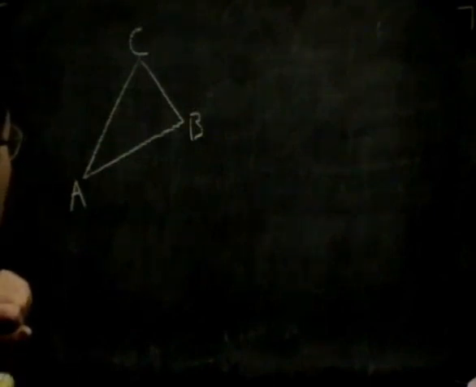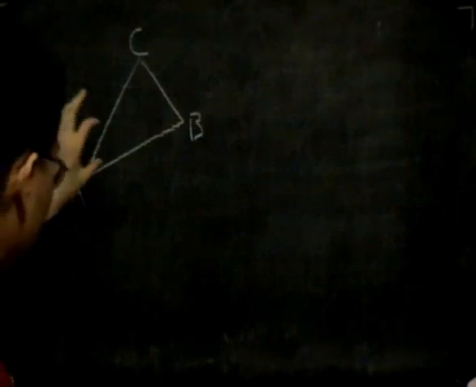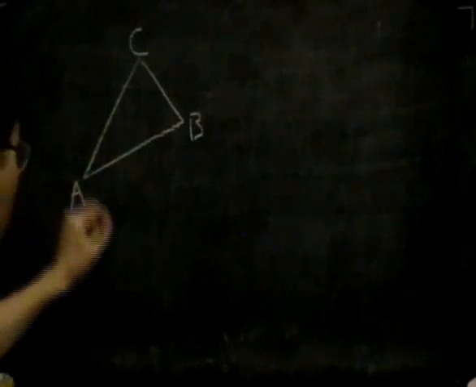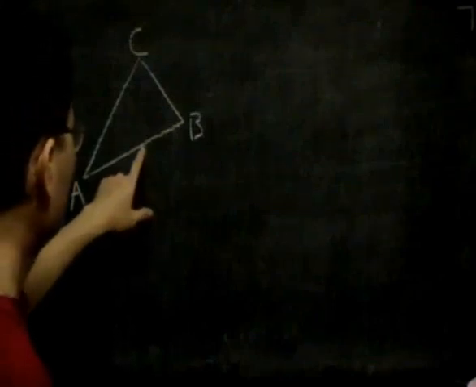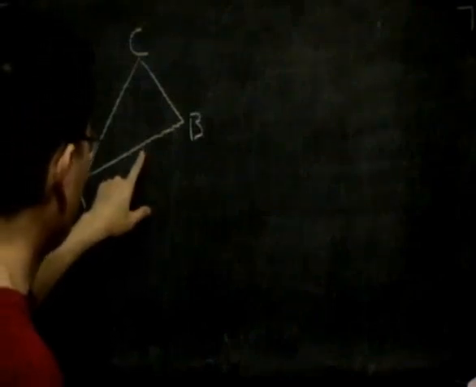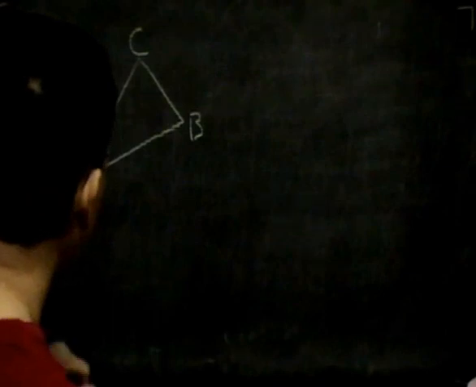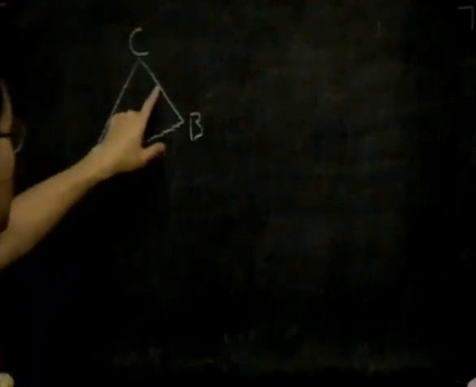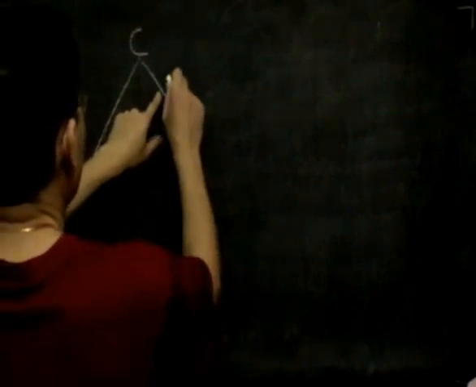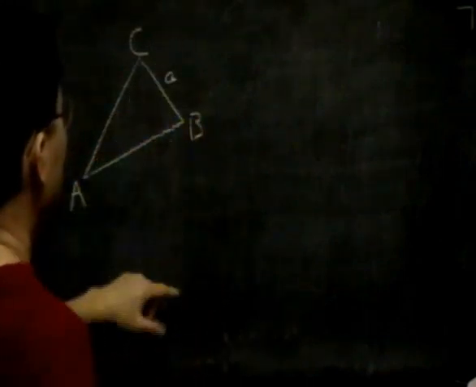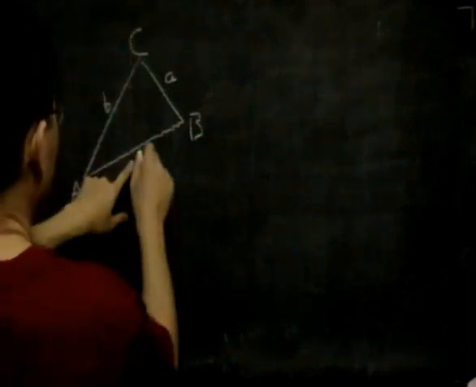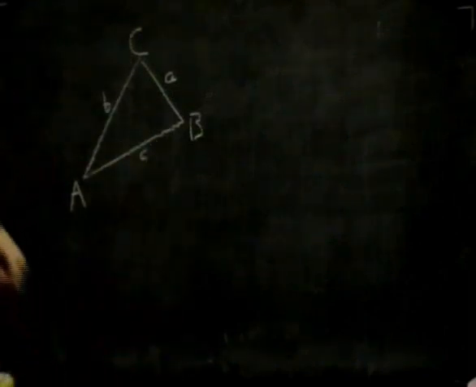So the way then to describe the sides of the triangle is to use a small letter for the side opposite to the corner. For example, if this corner is A, we use a small letter a for the opposite side, small letter b for this side, and small c for this side.